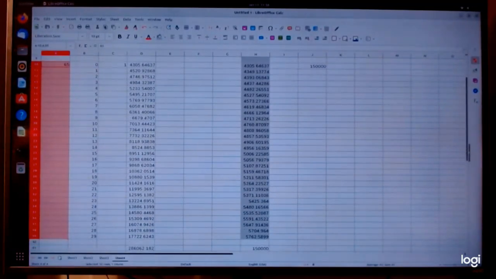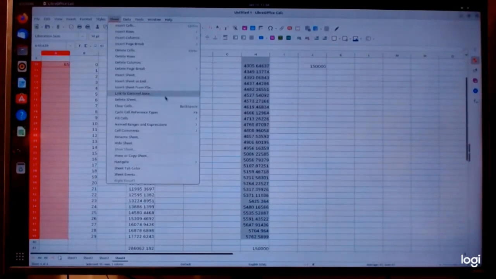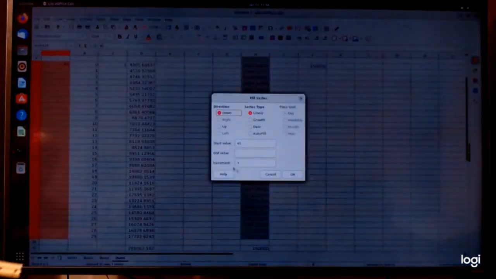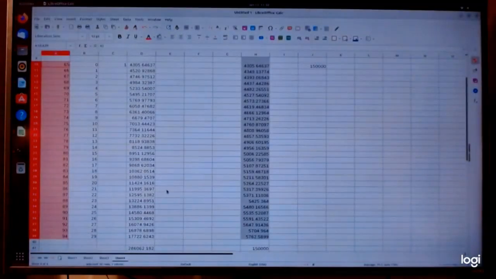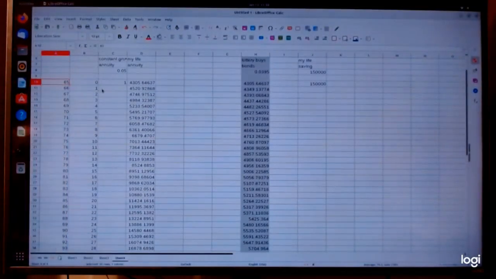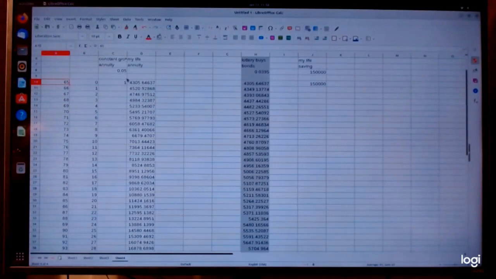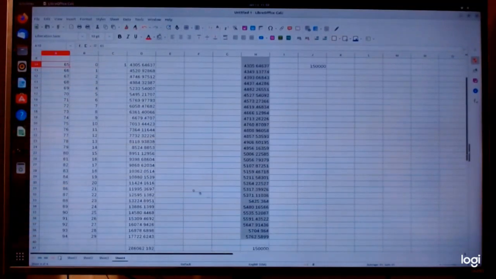And fill it with a series. So if we begin our series, our annuity at age 65, with the constant 5% constant growth annuity, it figures it out for us.